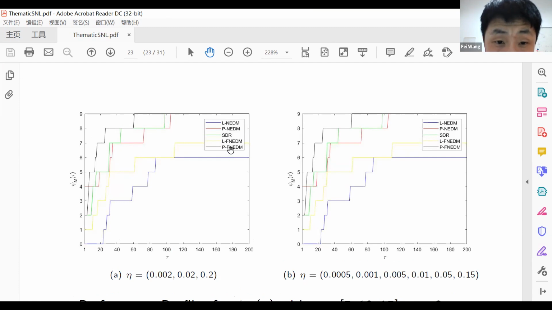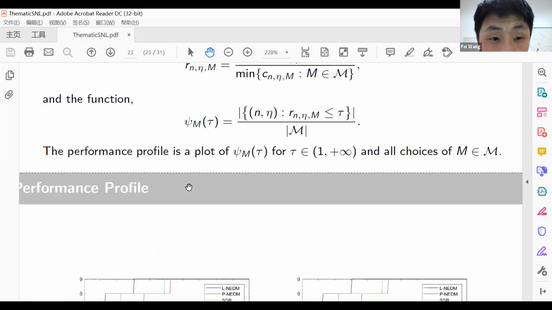The black is by Procrustes FNEDM model, and the second best one is the SDR. It's by fixing the towers. I think the LNEDM, the least square approach, is not.